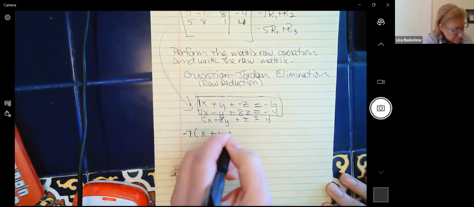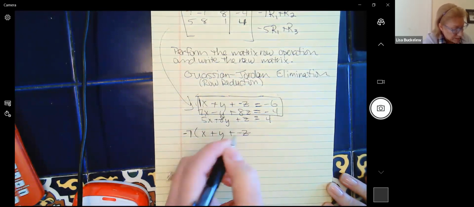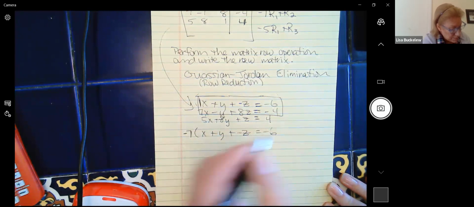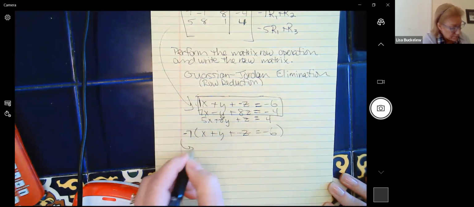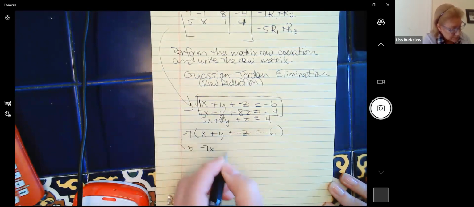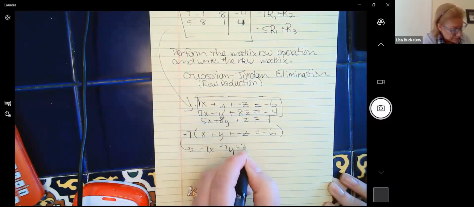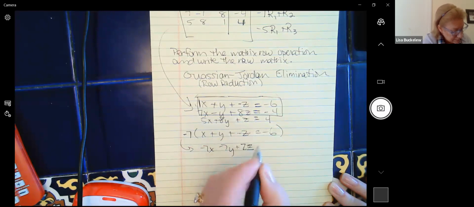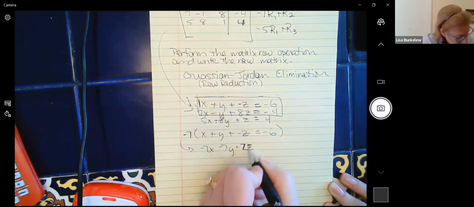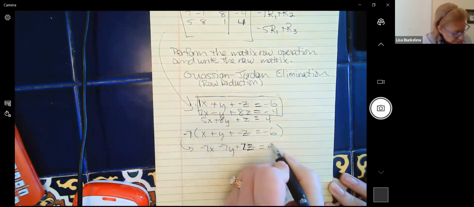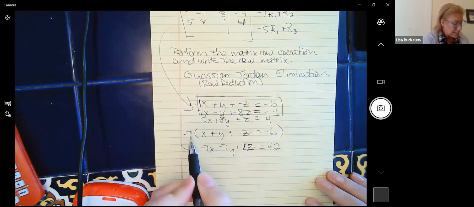I don't know why I keep writing plus -z. Taking -7 through all of that: -7y, negative would be plus 7z equals 42.